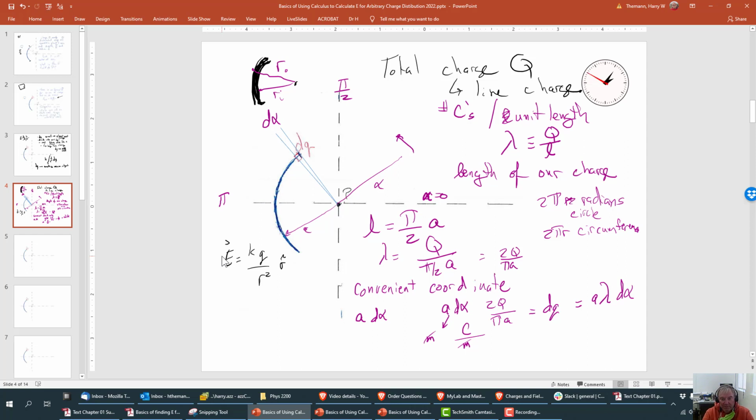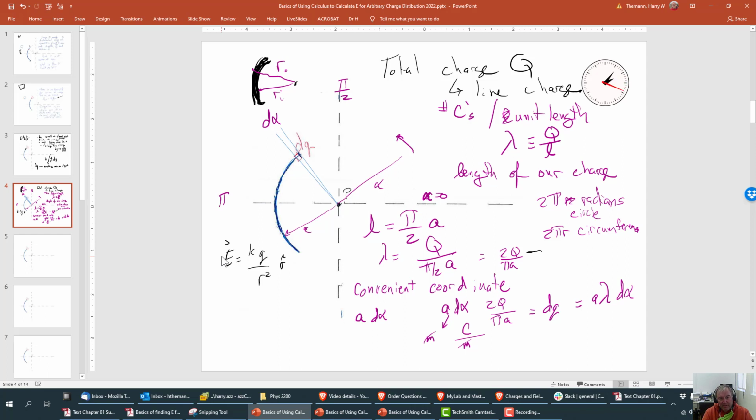Let me make sure I do this right. So a piece of line is pi over 2 times a, that's the whole length. We know that, so if we take the total Q divided by the total length, we get the amount of coulombs per length, which I simplified to 2Q over pi a.